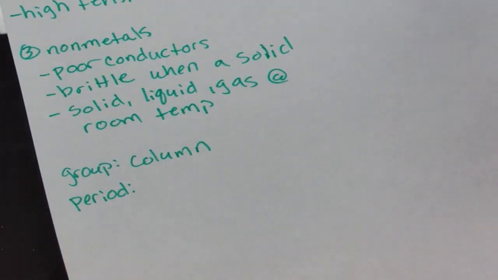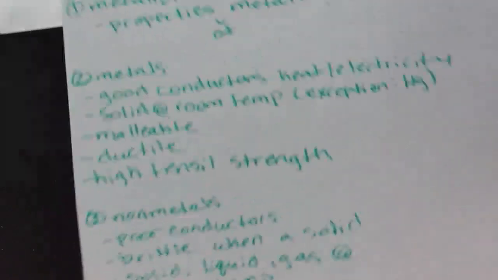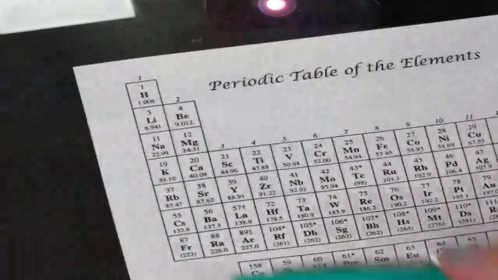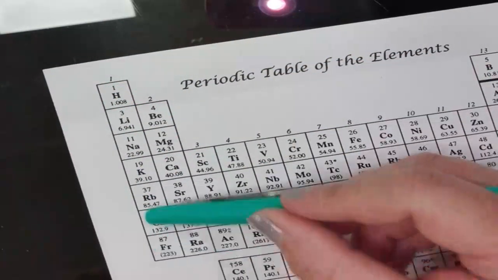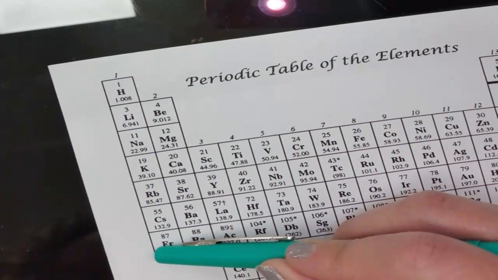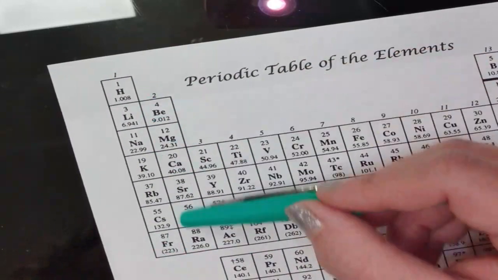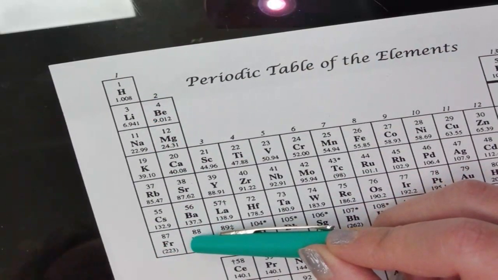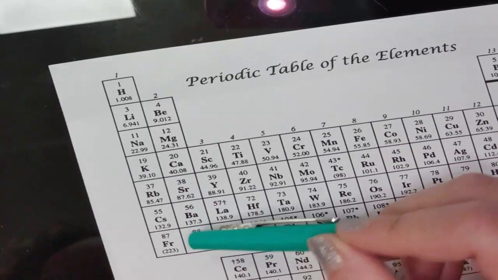We could then further subdivide our periodic table, and it's based upon the group. And if you remember from a previous lesson that the elements in this group all share the same number of valence electrons. The elements in this group all share the same number of valence electrons.